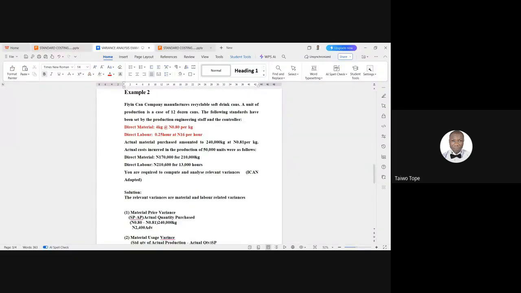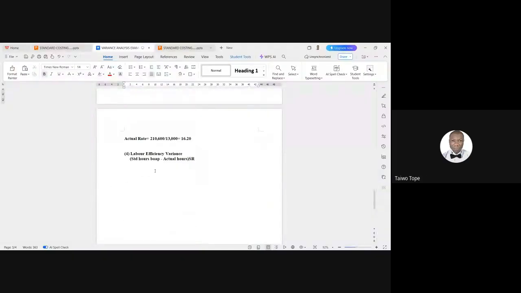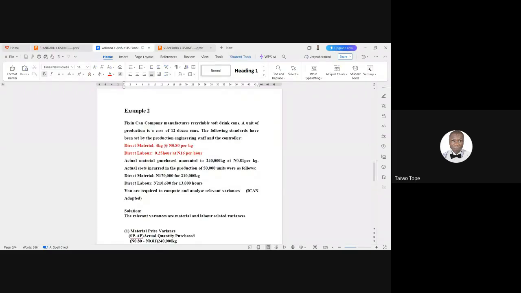So based on the question, our standard hour is what? 0.25 hours, in relation to the actual production of 50,000. So we now have standard hour 0.25 multiplied by the actual production, 50,000 units. In case you are wondering where we're getting the 50,000, see it here: the actual cost incurred in the production of 50,000 units were as follows.